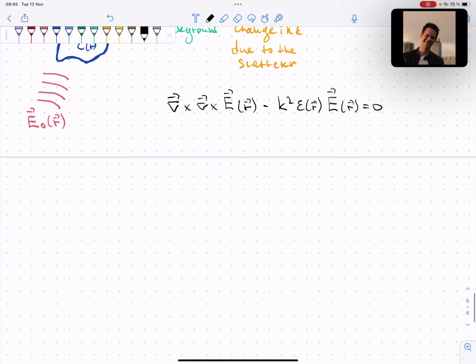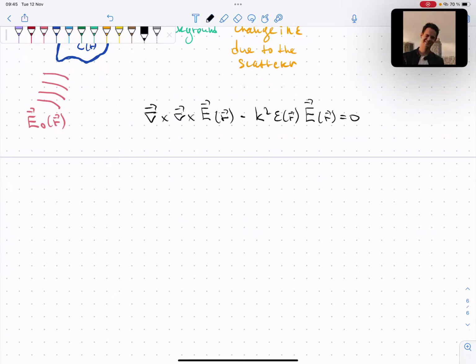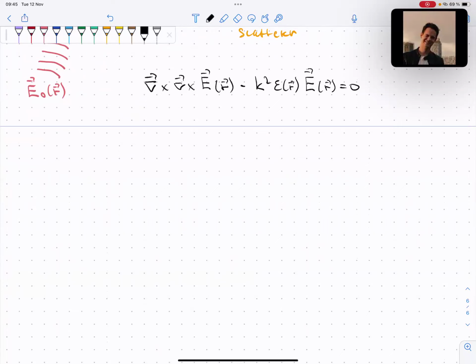From the mathematical point of view, we can rewrite this total field, the solution of this equation, as a sum of E0 of r and some other field E prime.